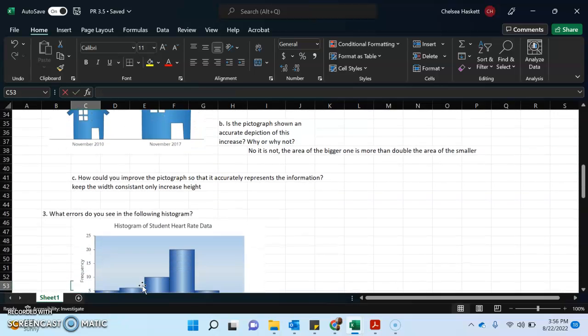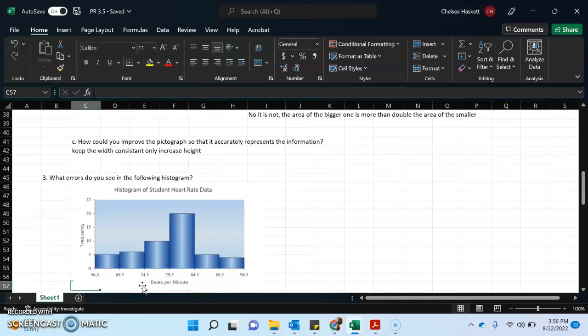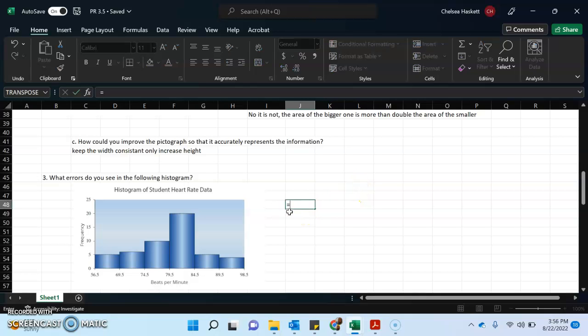Okay. All right. Number 3, what errors do you see with the following histogram? Well, the labels are okay. They're right next to each other. That looks good. What about the bandwidth? Is the bandwidth good enough? So 56.5, let's just check them. 69.5 minus 56.5 is 13, and then we have 74.5 minus 69.5, and these should all be equal all the way through.